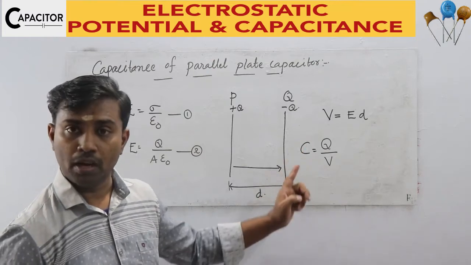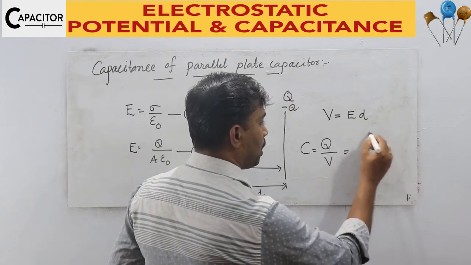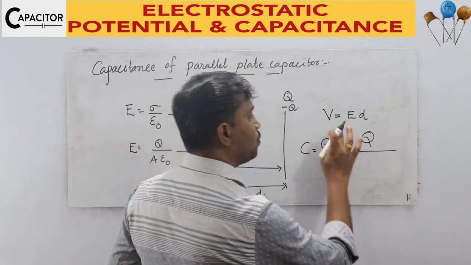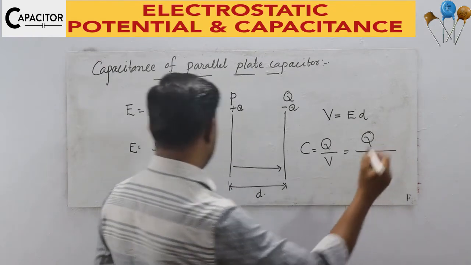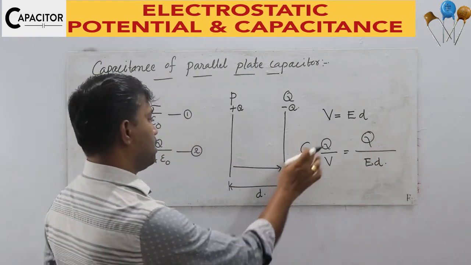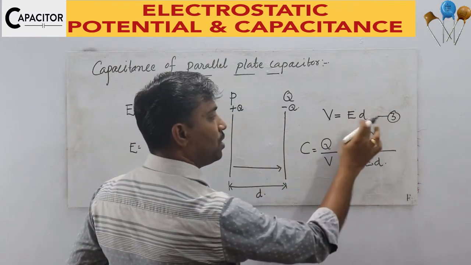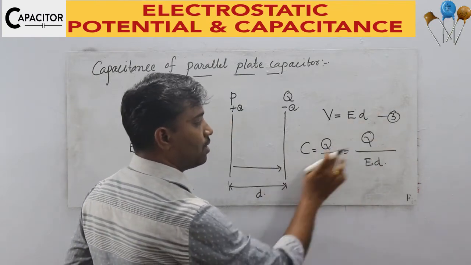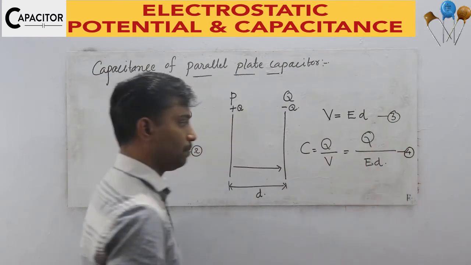C is equal to Q by V. Q is the charge, and V is equal to E into D. So the capacitance is Q by V, but V is E into D, so we can write C is equal to Q by E into D. That is equation number 4.